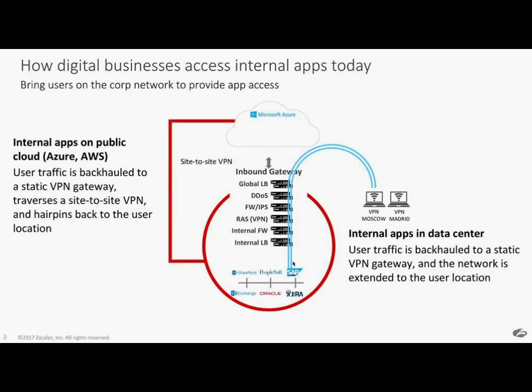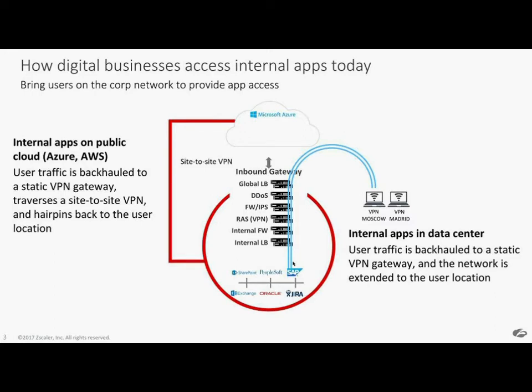As we move to a cloud-enabled world, we use Microsoft Azure, for example. Microsoft would sell us an ExpressRoute link, or AWS would provide a peered link to give us an extension of our corporate network into their cloud.